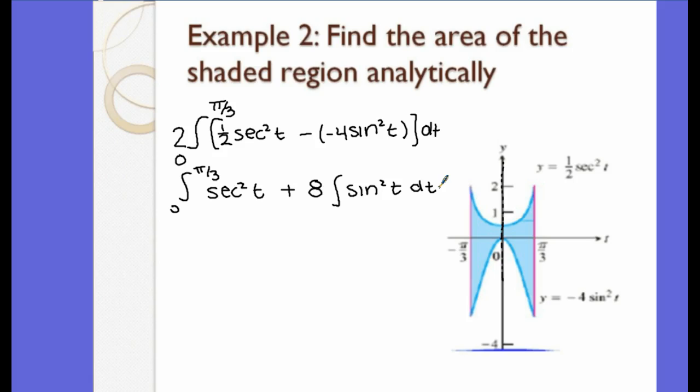Antiderivative of secant squared. How about sine squared?